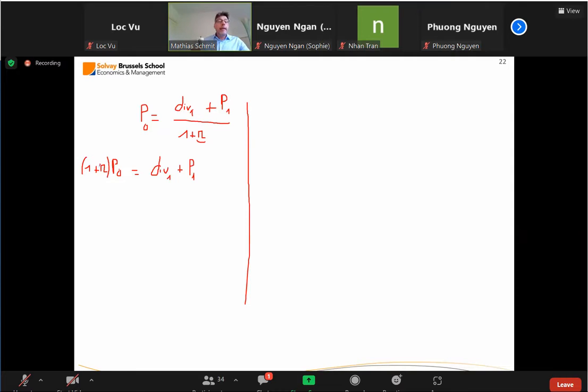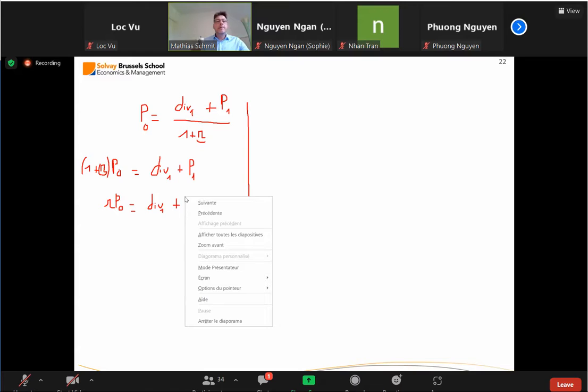So if I want to calculate the expected rate of return, what is it? R times P0 is dividend 1 plus P1 minus P0.